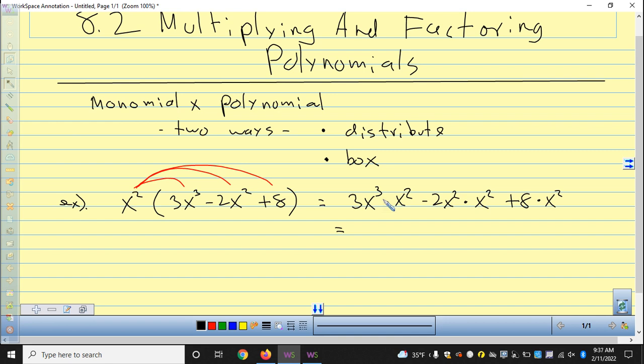What do I do with the exponents here? Add. So there's going to be 3x to the fifth. And then I have a minus 2x squared times x squared. Add the exponents. And here I just have plus 8x squared. So we distribute that x squared to everything in the parentheses.